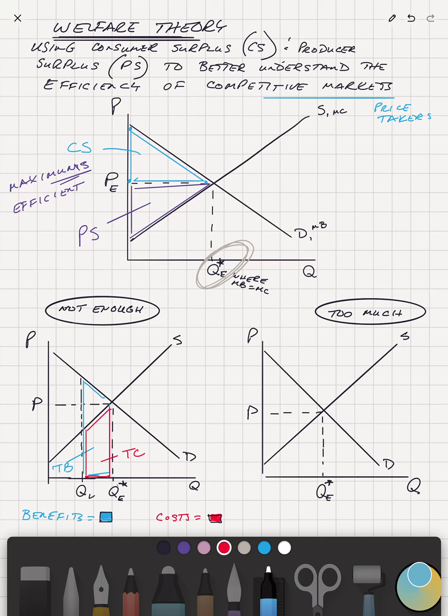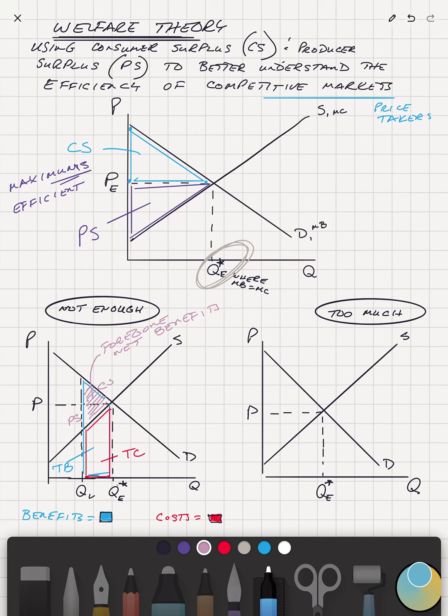So any point to the left of Q star, the optimal level of production or output, will yield an inefficient outcome because there are foregone net benefits as measured by consumer surplus and producer surplus. We can do better.